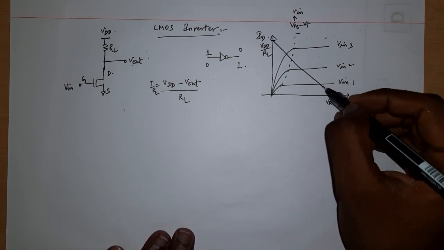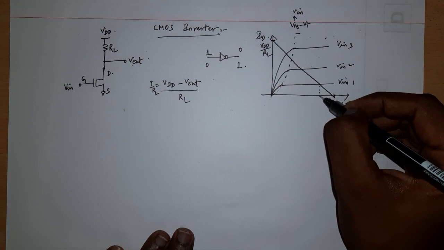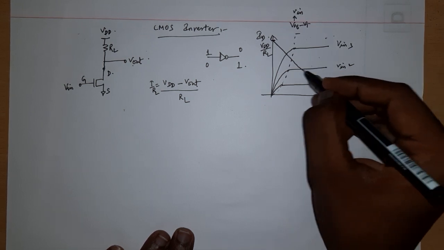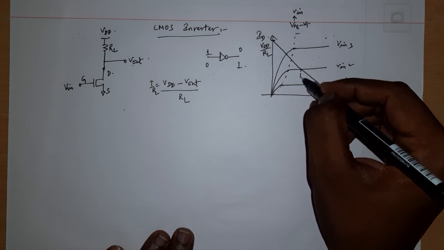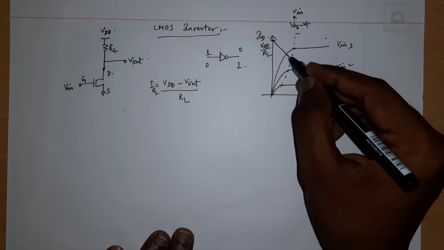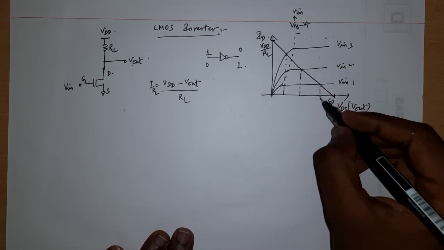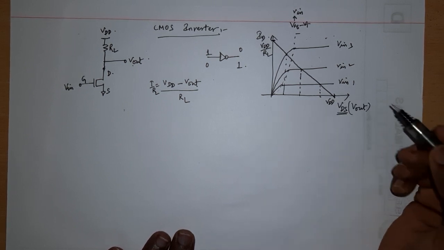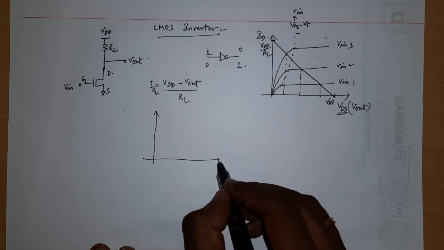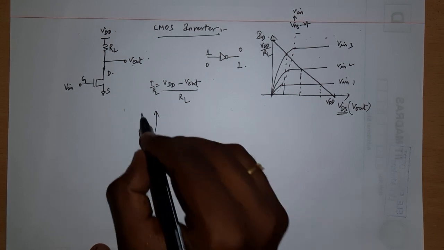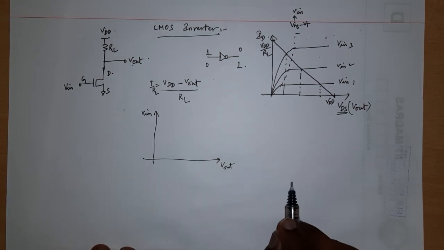Now, the currents due to each input, wherever they intersect the load line, these points are my Vout points. So let me put it as a graph. Vout versus Vin.